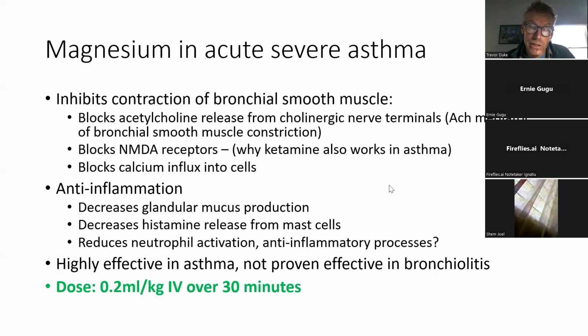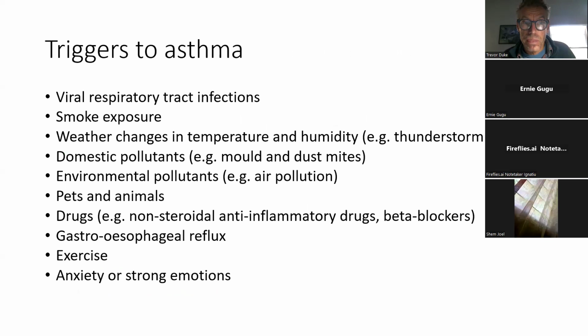It's magnesium sulfate, 50% solution, and you can give 0.2 mL per kilo intravenously over half an hour, and that's often very effective second-line therapy for children with asthma that's not responding fully to salbutamol and corticosteroids and oxygen, etc.